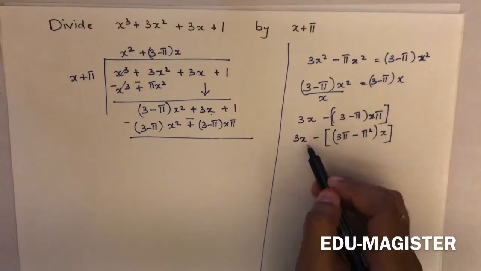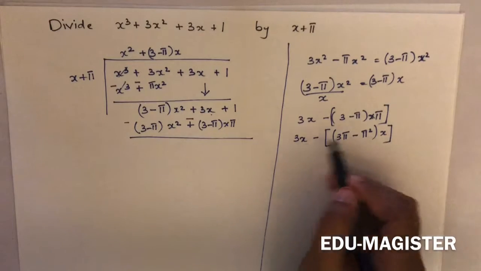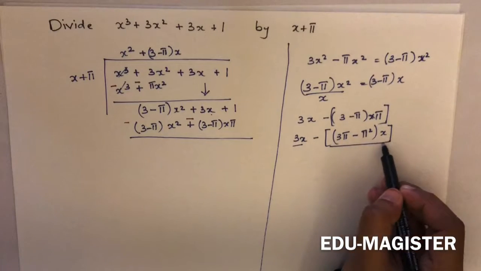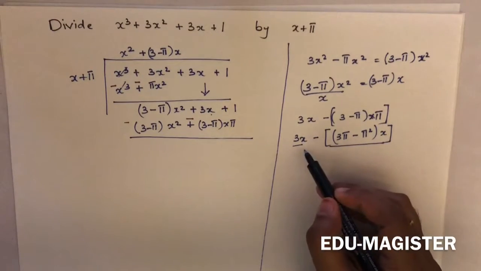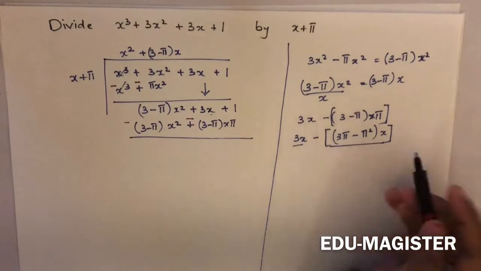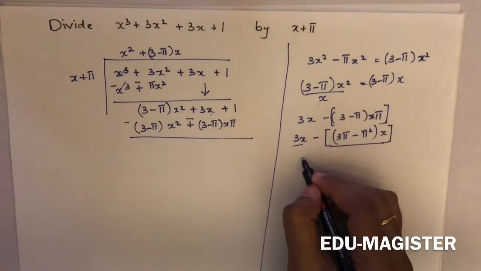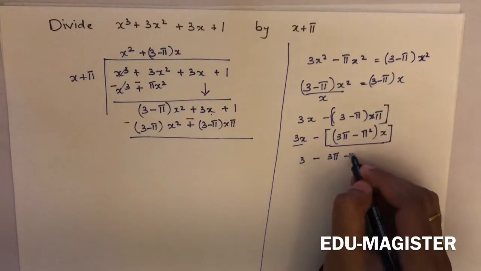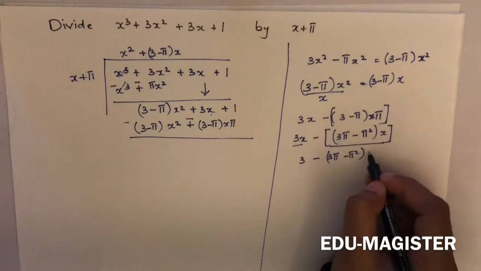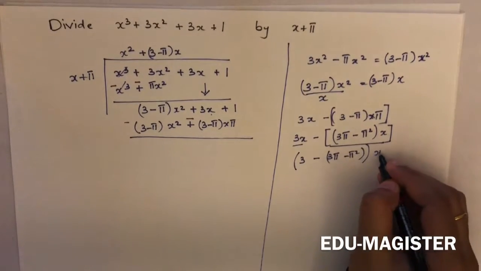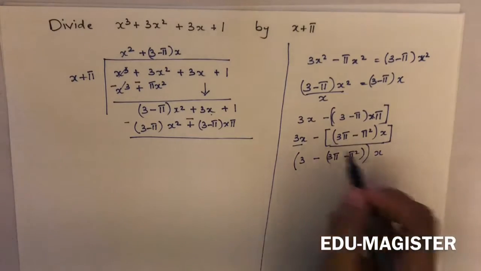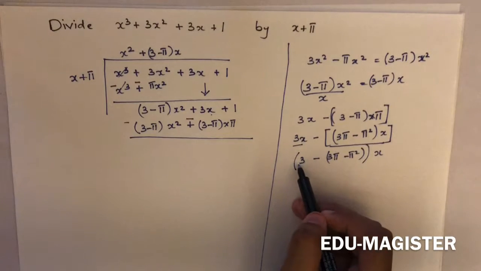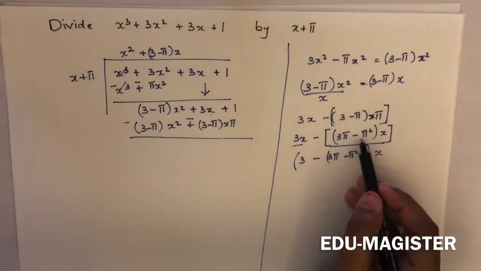Now we have two terms with x. So let me take this x outside. This is the first term, this is the second term. So now let me take the x outside and write the constants together, like the numbers together. 3 minus 3 pi minus pi square. Don't forget about the brackets. I took x from these two terms, so remaining was 3 here minus bracket 3 pi minus pi square.